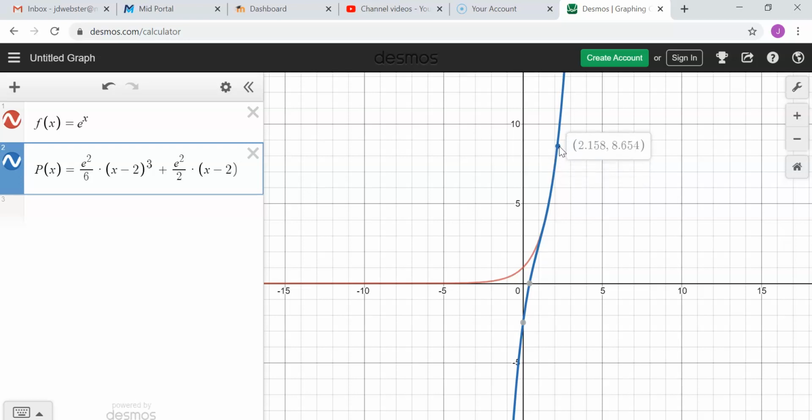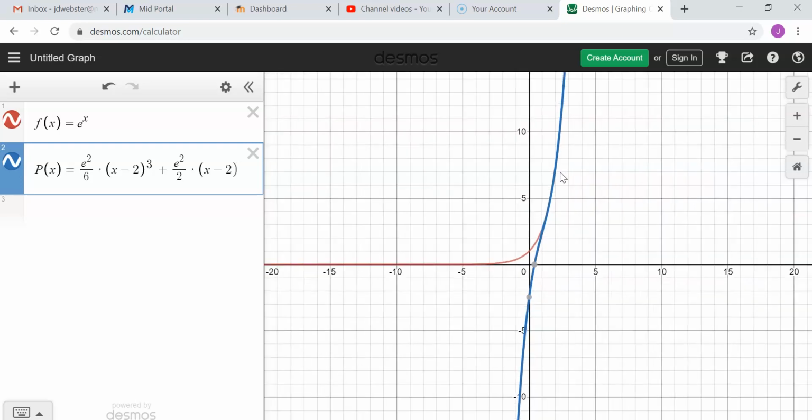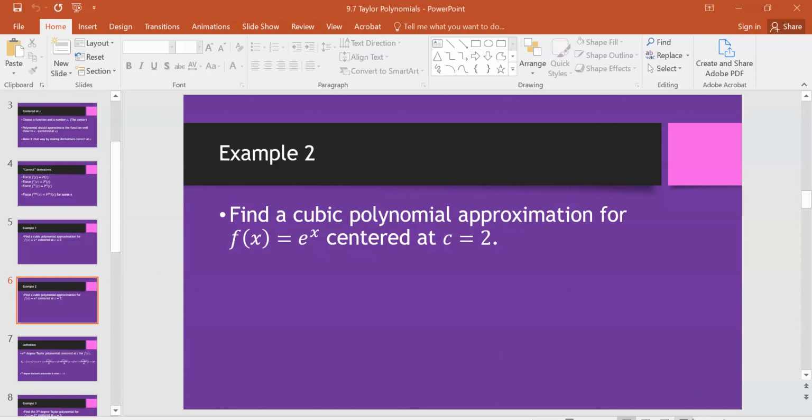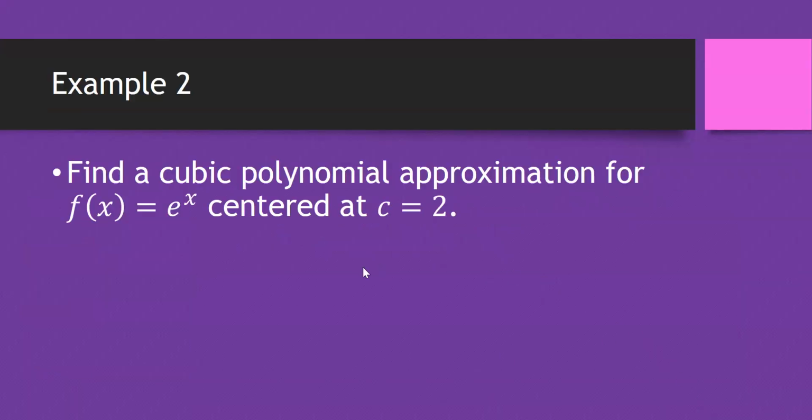So at the value of 2, the blue and the red lines match up really, really well. In fact, they match up for quite a ways on either side, all right? So red around 2 is very close to the blue around 2, all right? So that's what Taylor polynomials are accomplishing.